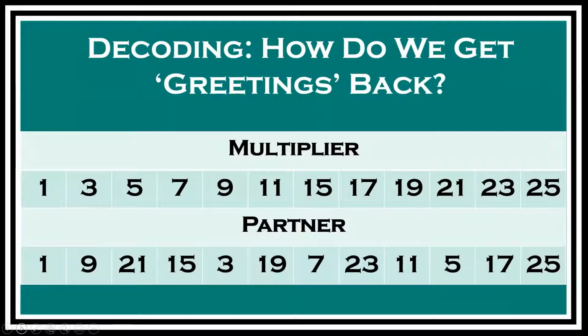The table tells you that multiplying by 9 when decoding can be used to undo a multiplier of 3 used when encoding, and multiplying by 21 when decoding can be used to undo a multiplier of 5 used in encoding. So that will be useful to us when it comes time to decode a message.